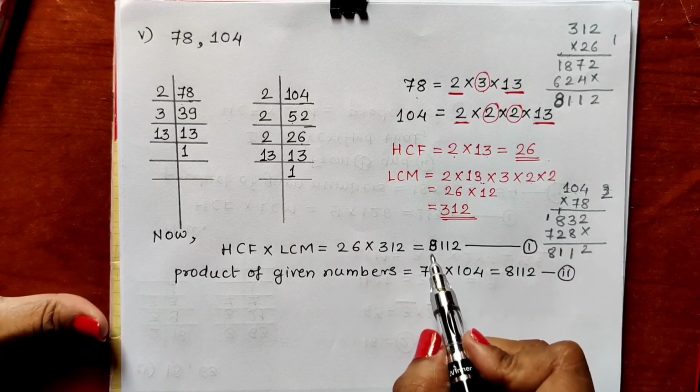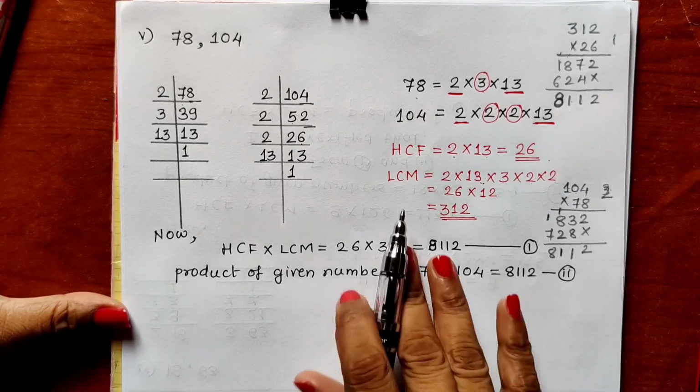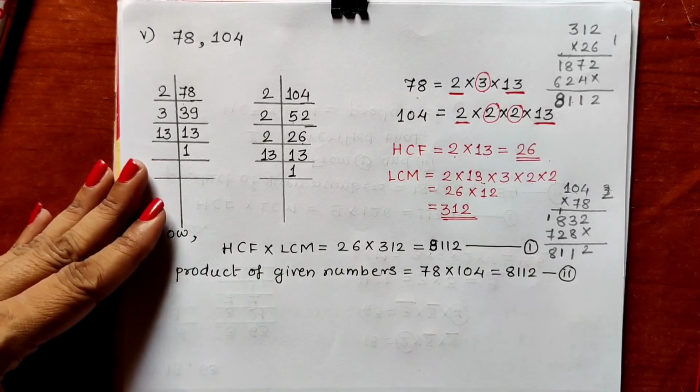So as we have got 8112, that means the answer is the same, right hand side is the same, left hand side will also be the same.